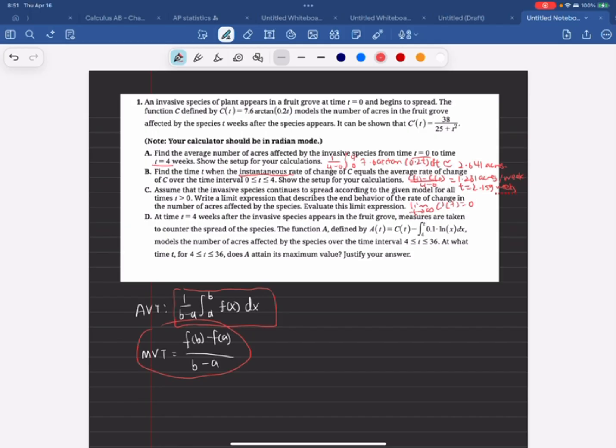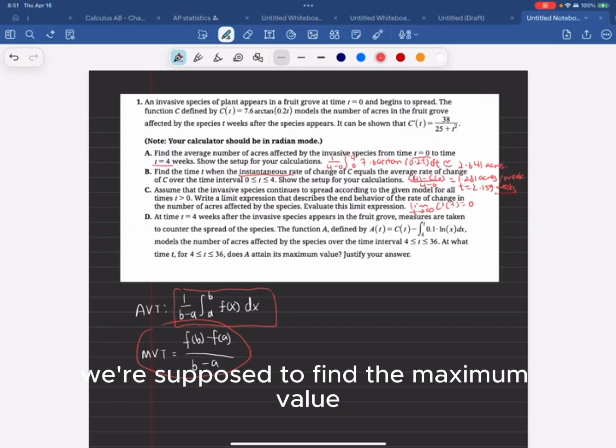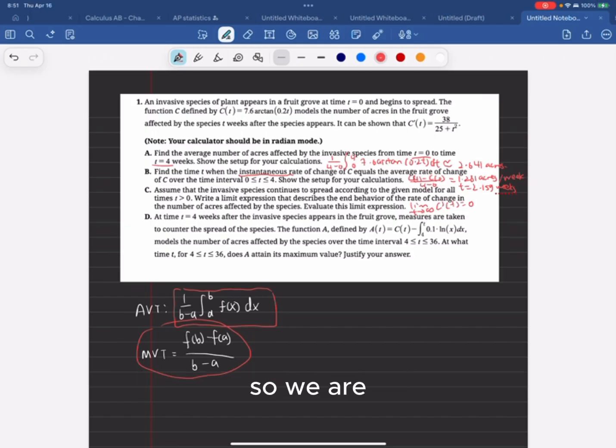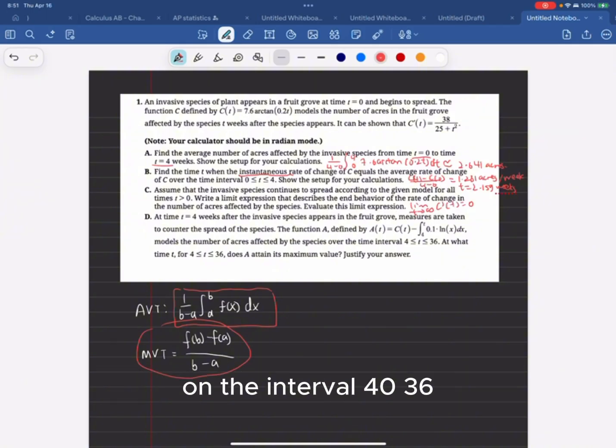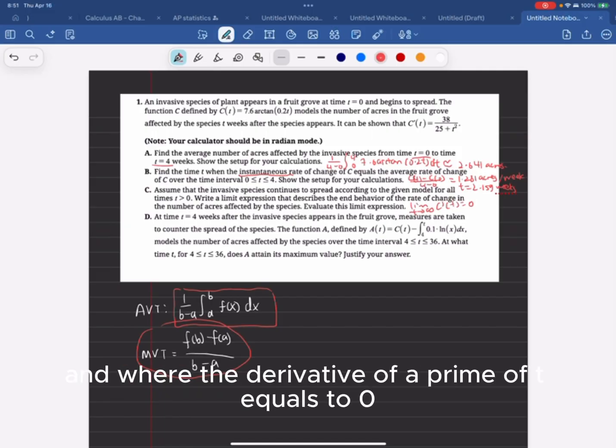For part D, we're supposed to find the maximum value. We are looking for the maximum value of A(t) on the interval 4 to 36. To find this, we check the endpoints and where the derivative A'(t) equals 0.